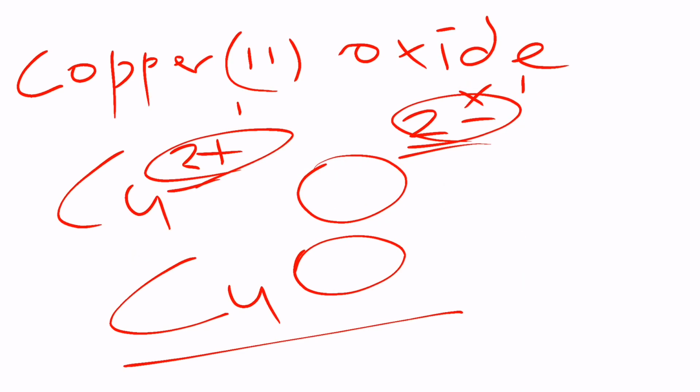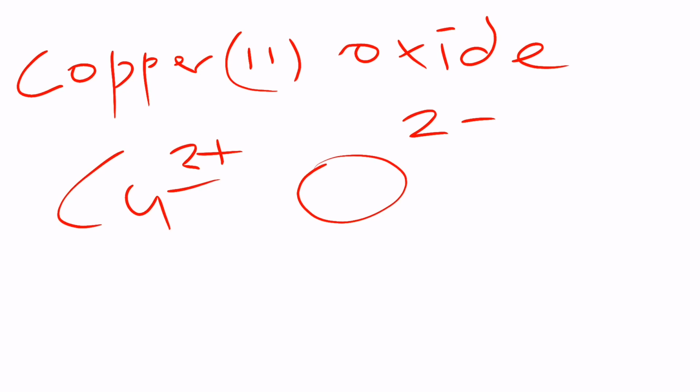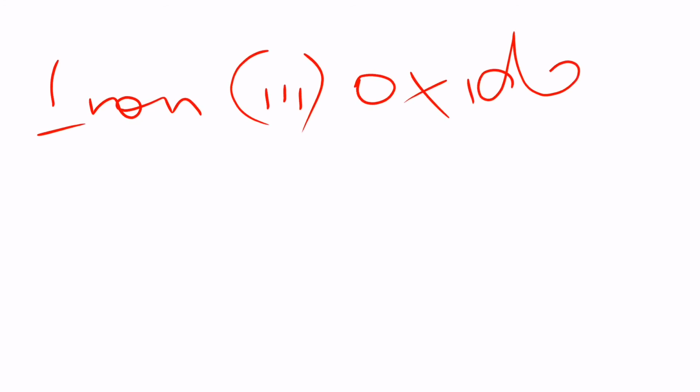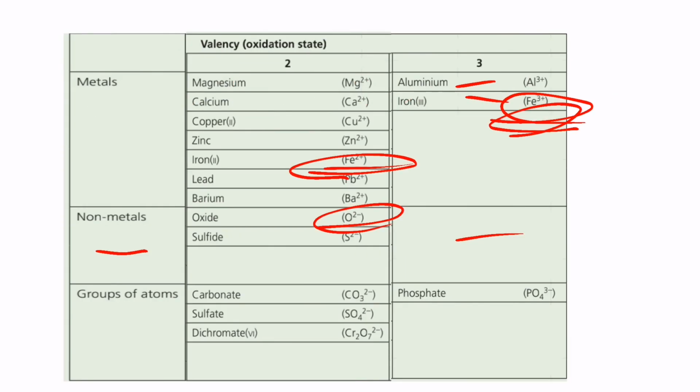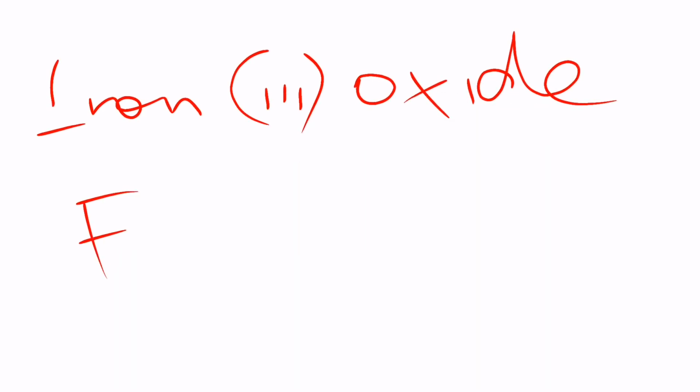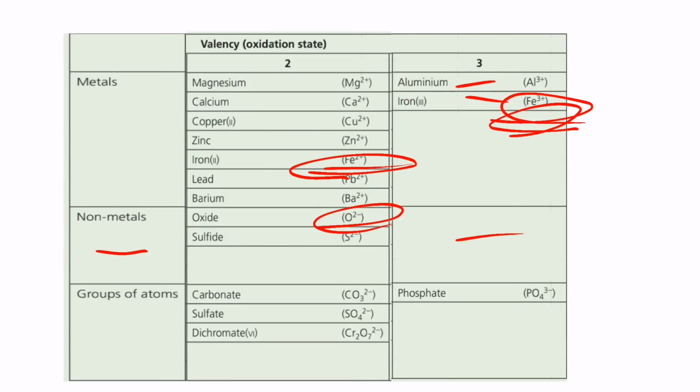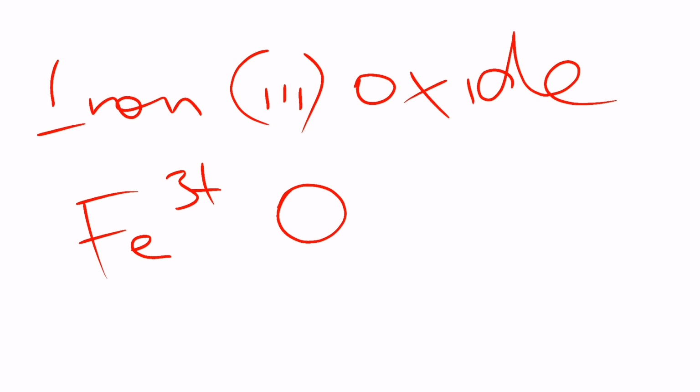Maybe let's take the common one, which is iron 3 oxide. We want to write the formula of this one. We have iron 3, the formula is Fe3+, okay? Then oxide, you remember oxide is just 2, so it's O2−.